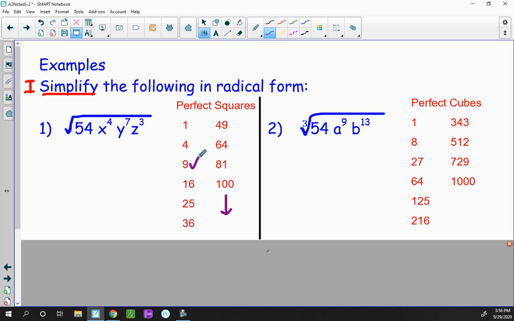So we're going to check that. 54 divided by 16 does not work. 54 is not divisible by 25, or 36, or 49, and 64 is too big. So the highest perfect square would be the 9.